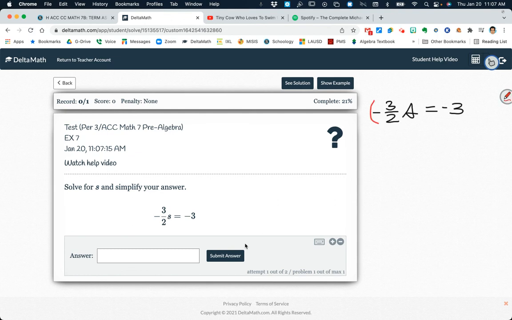Negative 2/3. On both sides. Cancel, cancel. S. And that's going to be negative times a negative is positive 6 thirds, which simplifies to 2. Please tell me the right answer is 2. Yes.